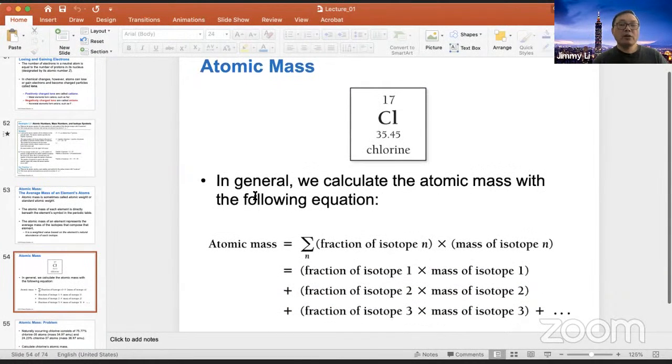Then you say, Ms. Lee, how do we determine the atomic mass? Personally, I like to call it average atomic mass. Here comes the formula.